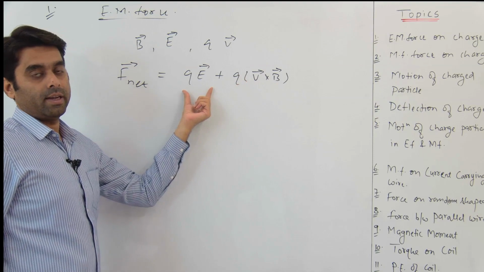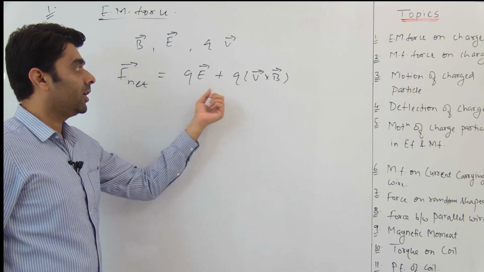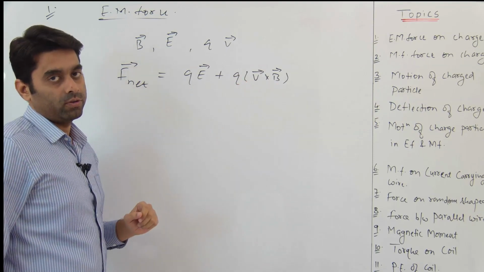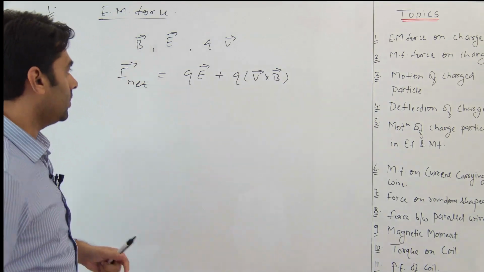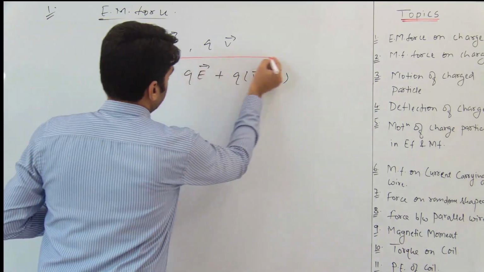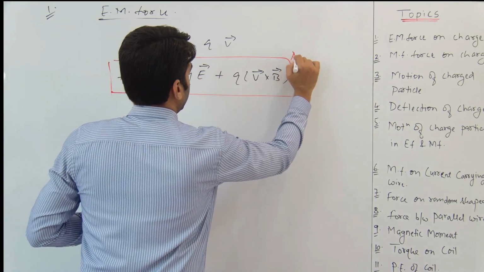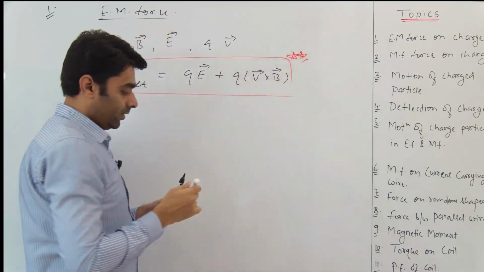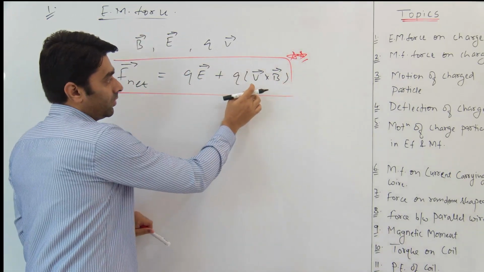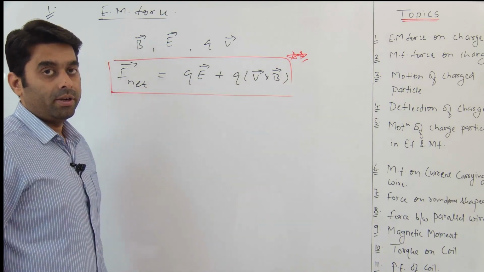This component is our electric force. Electric force is qE, magnetic force is qv cross B. Now, the point that we need to keep in mind is that these are dependent on velocity.